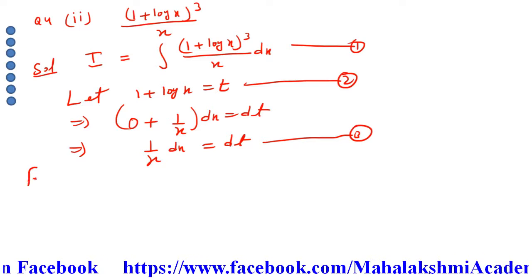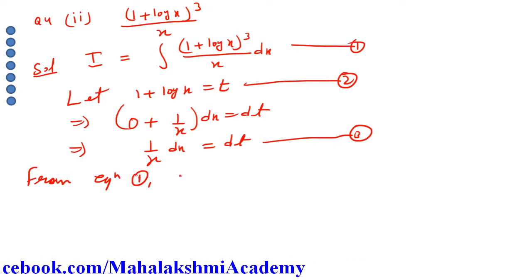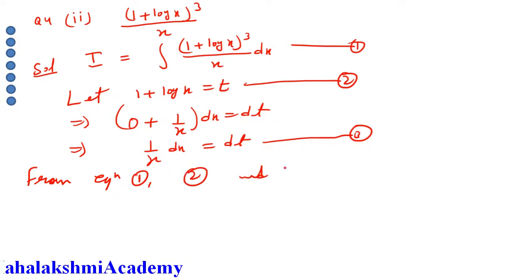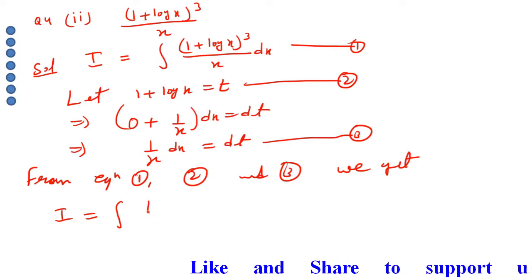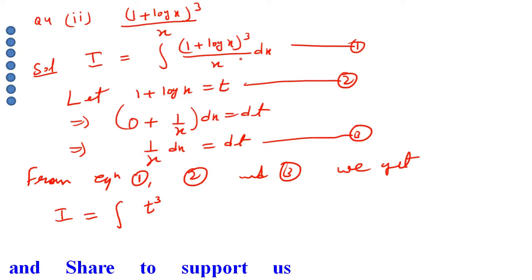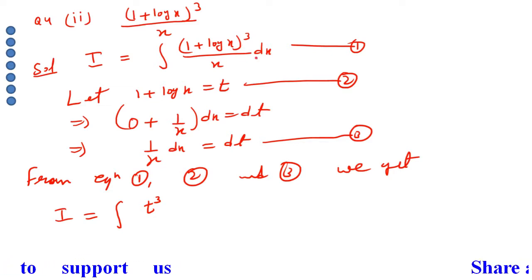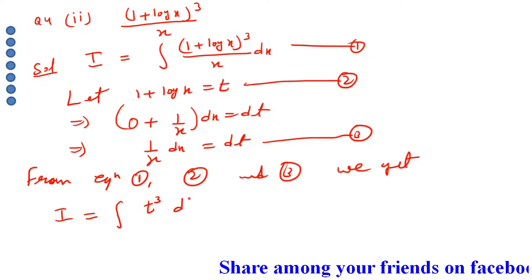So from equation first, second and third, we get I is equal to integration of 1 plus log x is t. So it's going to be t cube, and this 1 upon x and dx. 1 upon x dx is what? dt. So we write here dt.